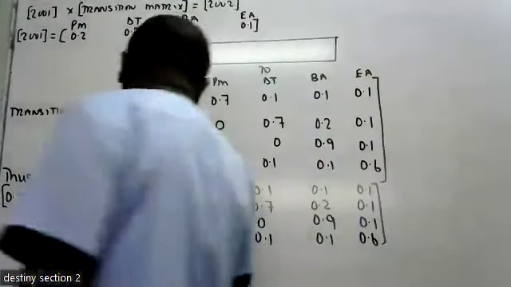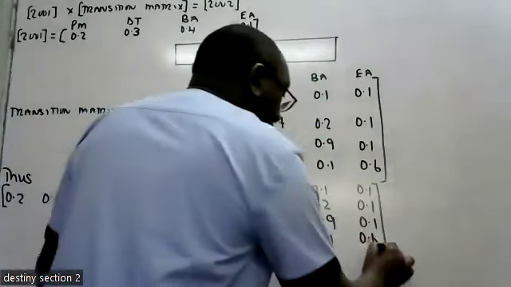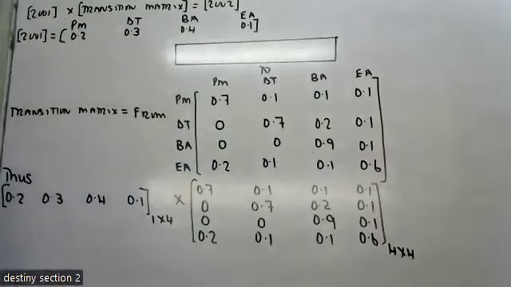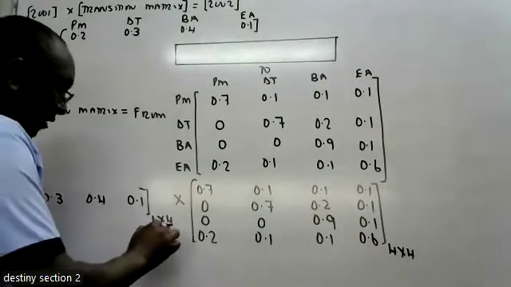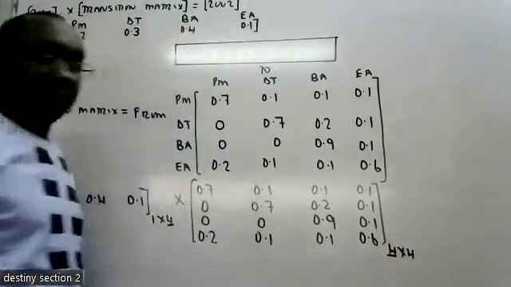So now, this one is a 4/4 matrix. And you know, when we are multiplying matrices, this number of columns must agree with this number of rows.